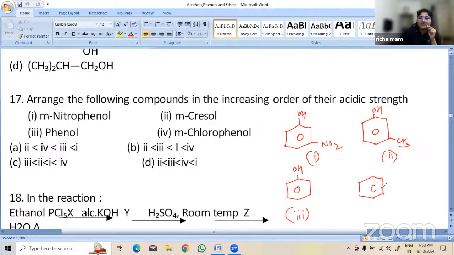Okay, I'm writing the structures. So accordingly, you tell me. Yes, so the nitro group is an electron withdrawing group. Your methyl group is an electron donating group. So which is the answer? You have to tell the increasing order of their acidic strength.